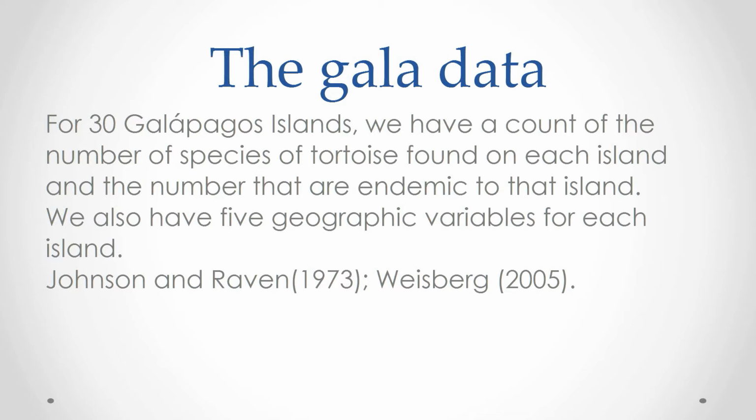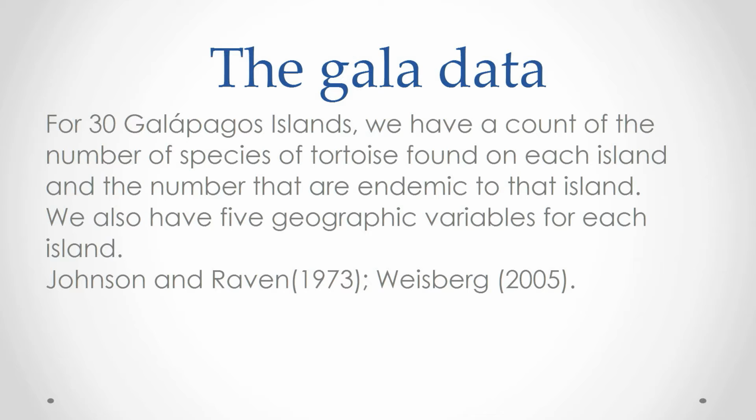The gala dataset is included in the faraway library in R. The gala dataset has information on the number of species of tortoise found on each of 30 of the Galapagos islands, as well as the number that are endemic to this island.